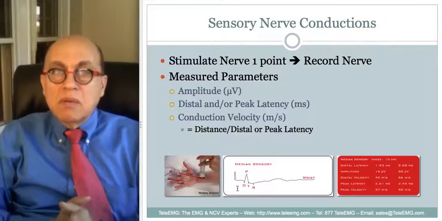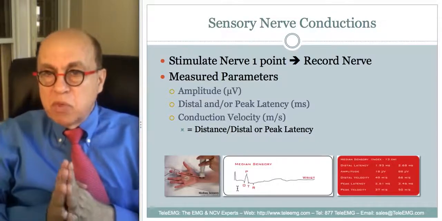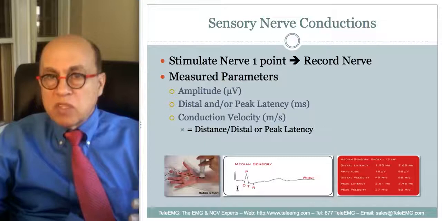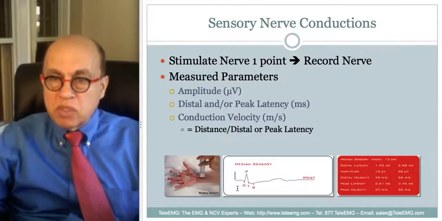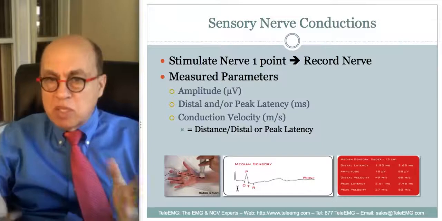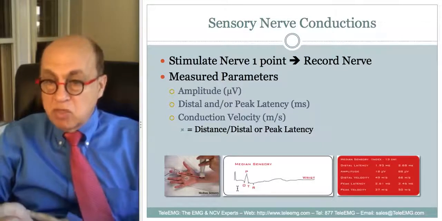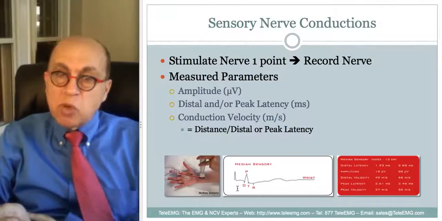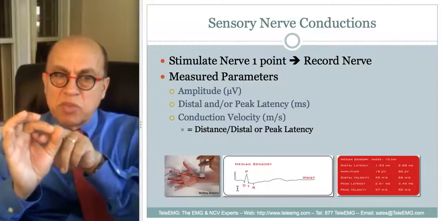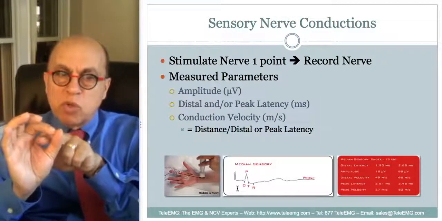Now, I did say a few minutes ago that we do two types of study: one, sensory nerve conductions, and the other, motor nerve conductions. What does that mean? Generally speaking, most nerves have sensory and motor fibers inside of them. The nerve is sort of a little circular tube that has sensory and motor fibers inside.